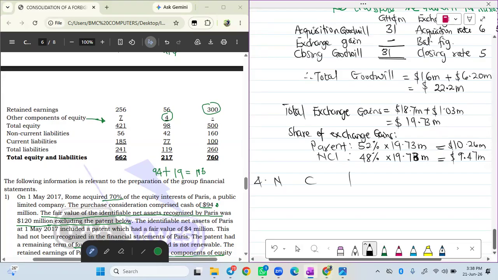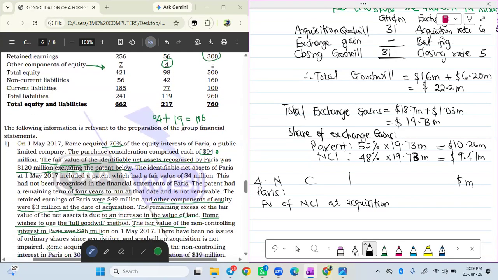This is fair value method. So first of all, the NCI for Paris. We pick the fair value of NCI at acquisition, and here everything will be in dollars. The fair value of NCI at acquisition was given in the question, as we did in our goodwill here.